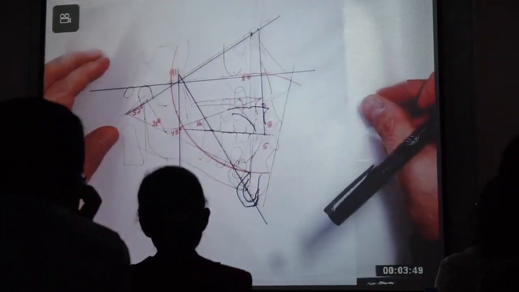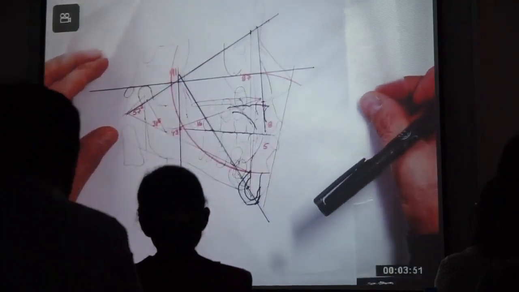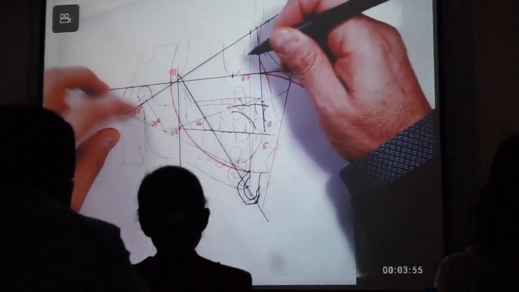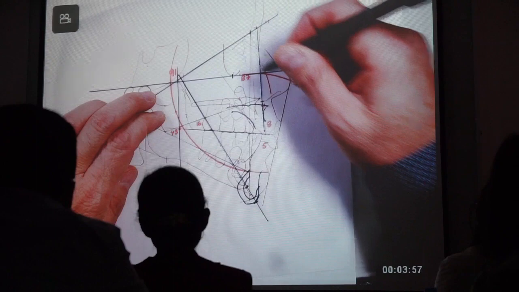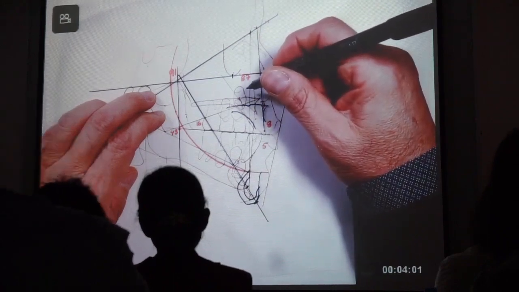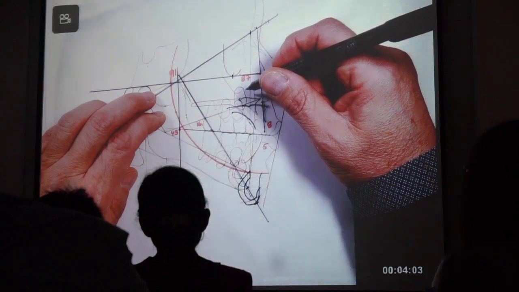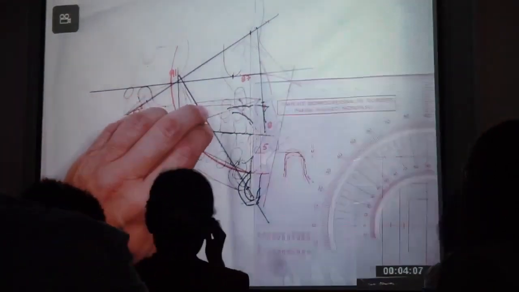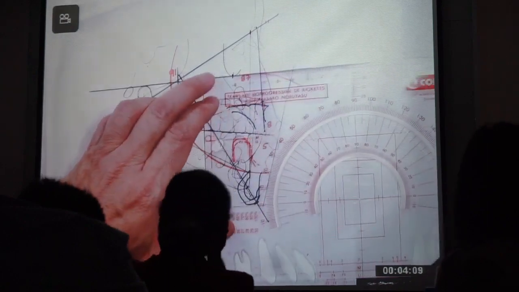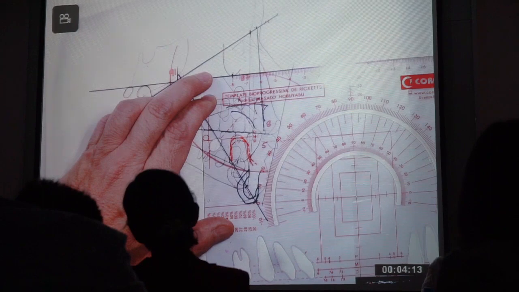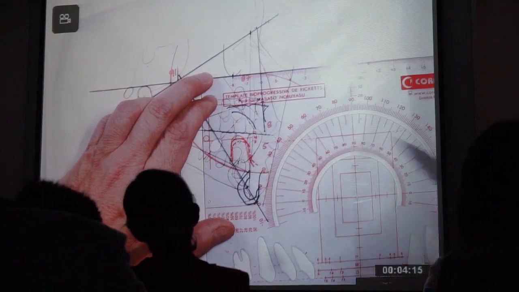If you want one additional point to predict, it is the orbitale. The orbitale goes forward 0.55 per year. 0.55 times 7 is 3.85, like 4 millimeters.